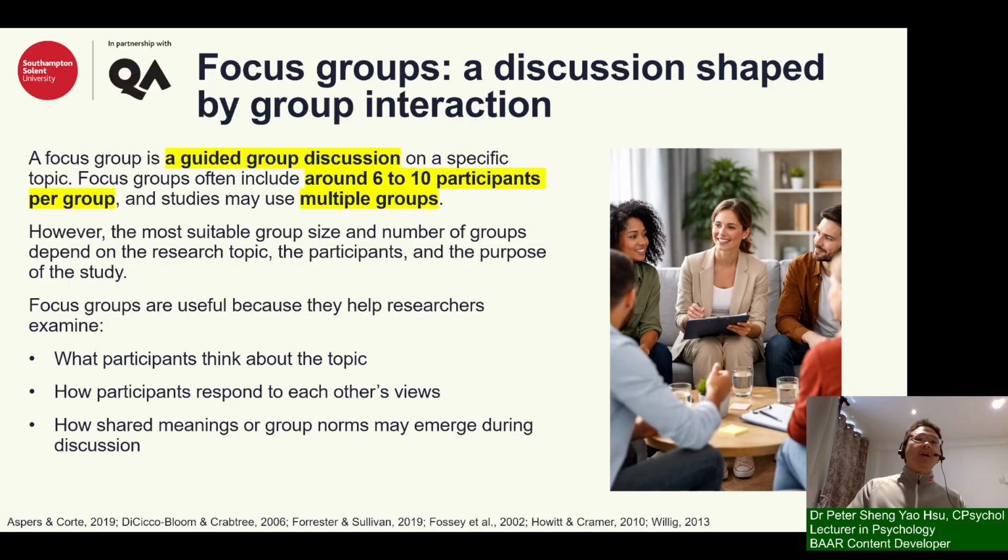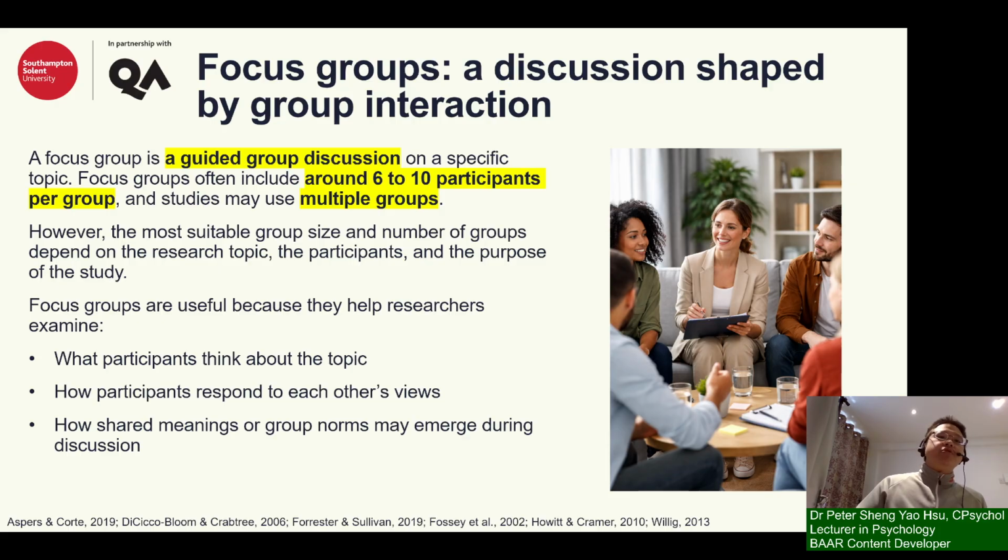For example, if the research topic involves deeply personal experience, or maybe financial hardship, family conflict, trauma, or sensitive health information, an individual interview may provide a safer or more private setting.